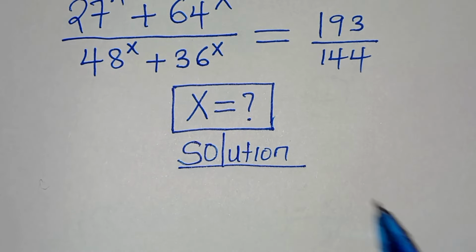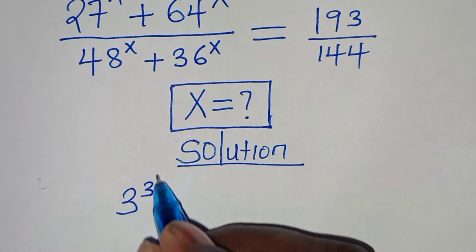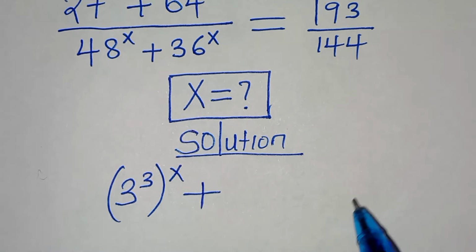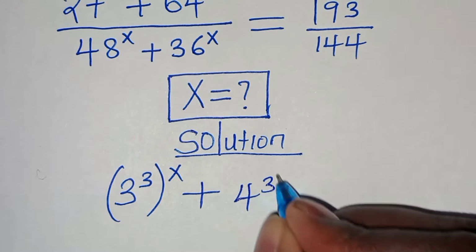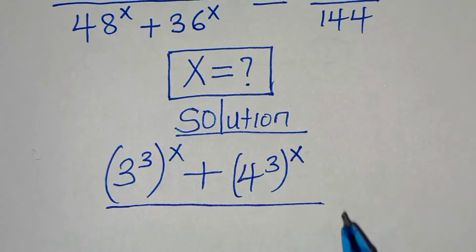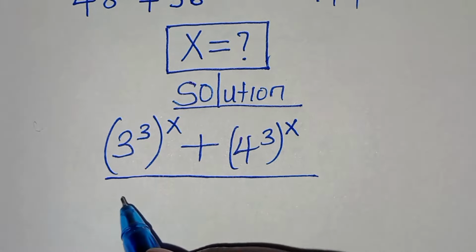Now we can express 27. This is the same thing as 3 to the power of 3 raised to the power of x, then plus 64. 64 is the same thing as 4 to the power of 3 raised to the power of x, then divided by, now we have 48 raised to the power of x. We can express 48.